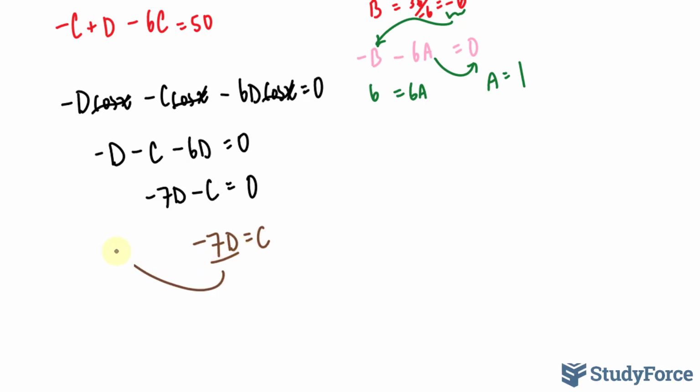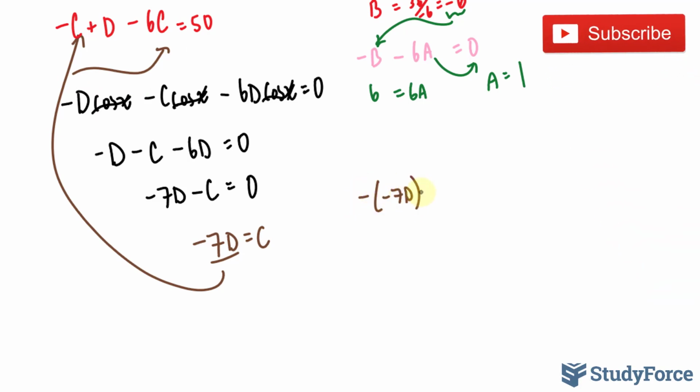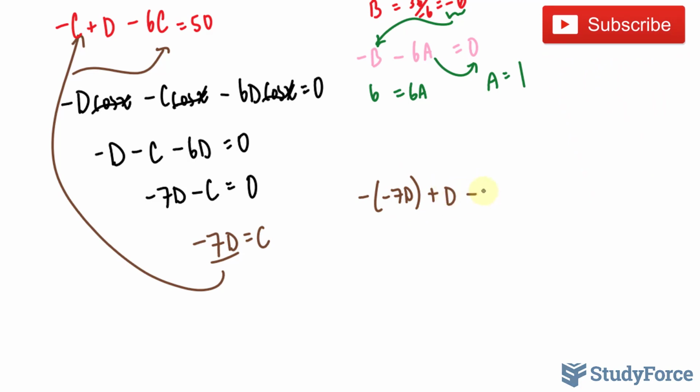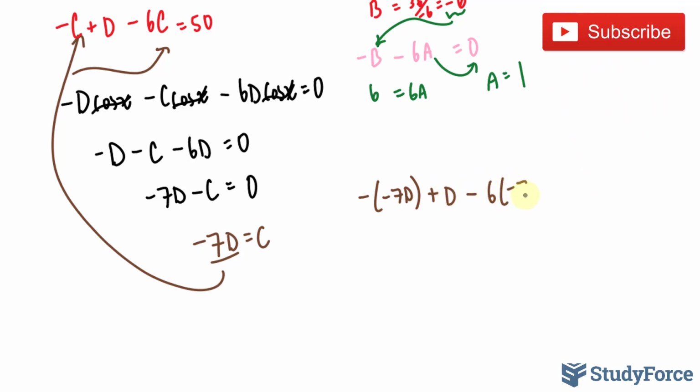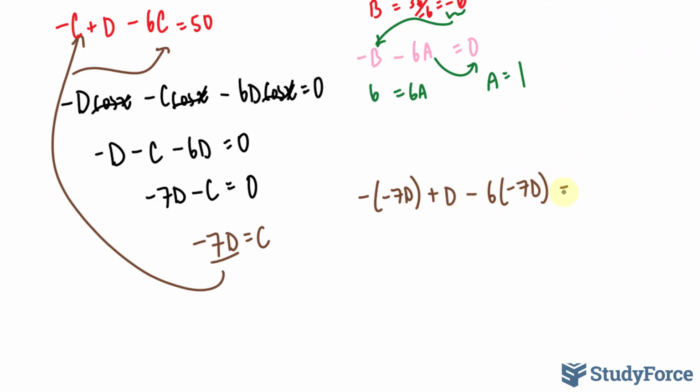And then I can replace this into my c here. This gives me negative times negative 7d plus d minus 6 times negative 7d is equal to 50. We have 7d plus d plus 42d gives us 50.